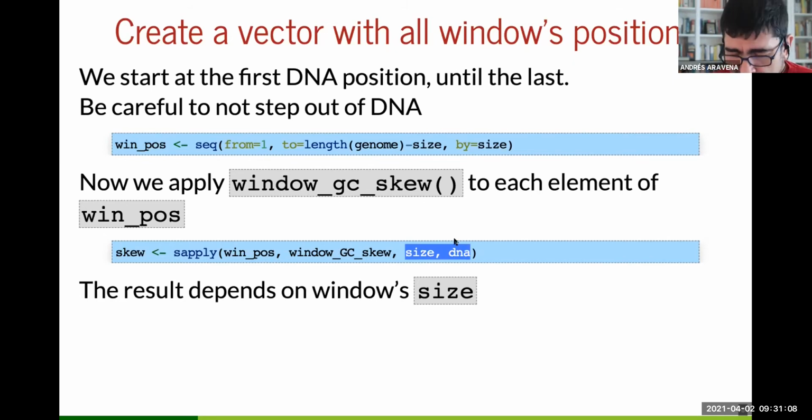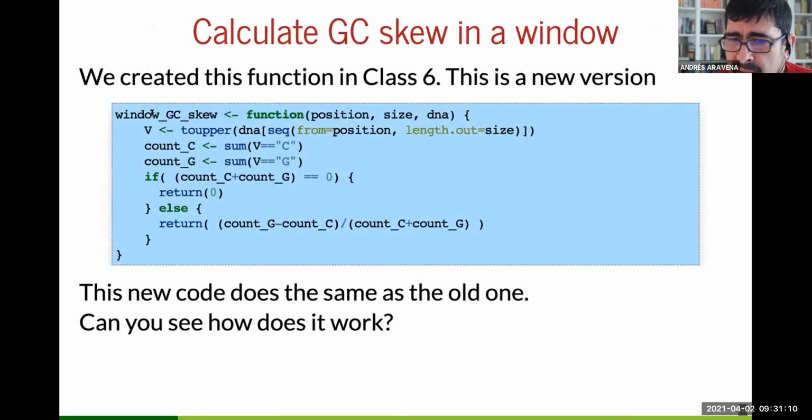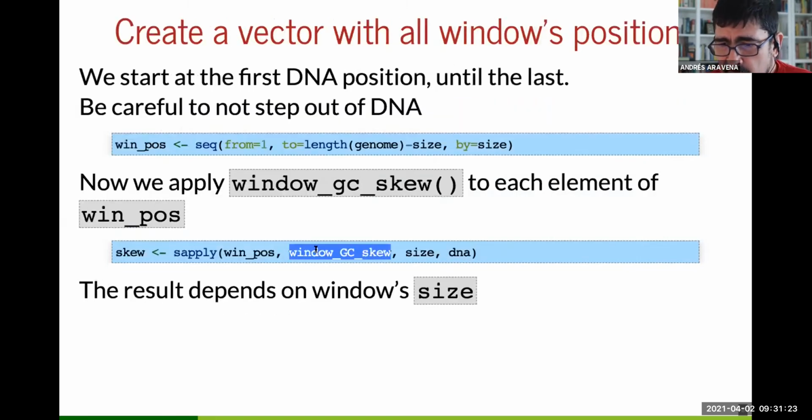The order is important here. This function has 3 inputs. The first input is position. The second is size. The third is DNA. Position, size, DNA. And here we put that function. The first value will be taken one by one from this vector. The second is fixed, is size, and the third is also fixed, is DNA.